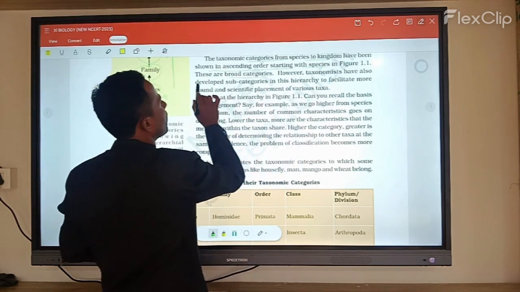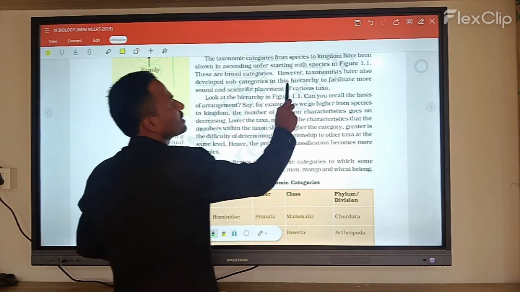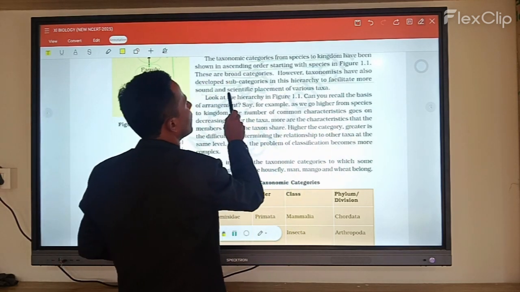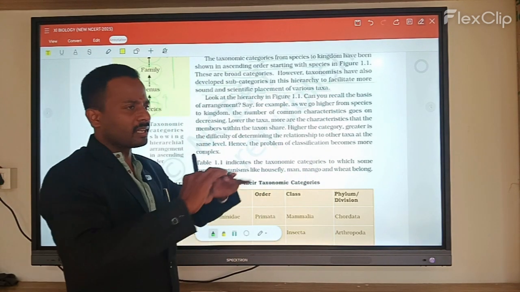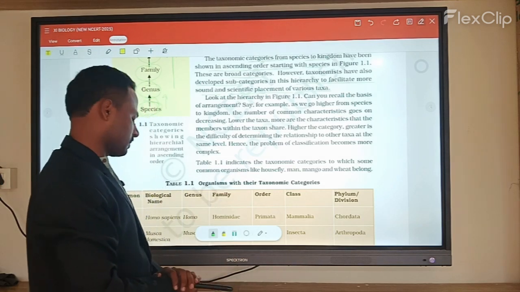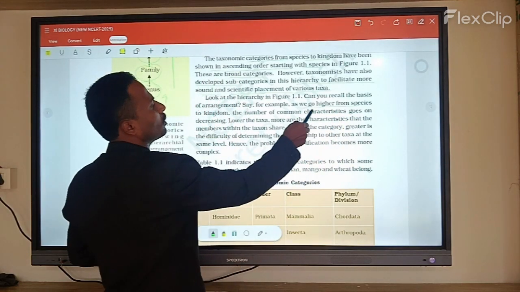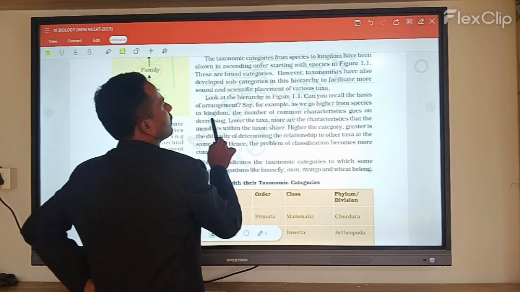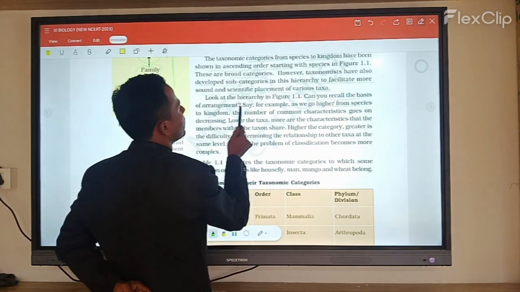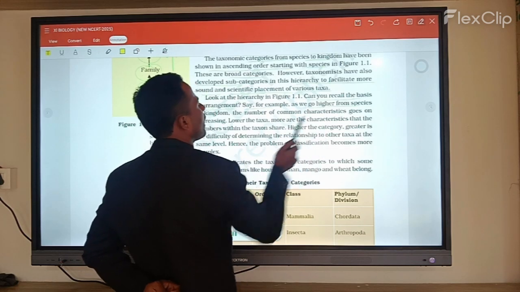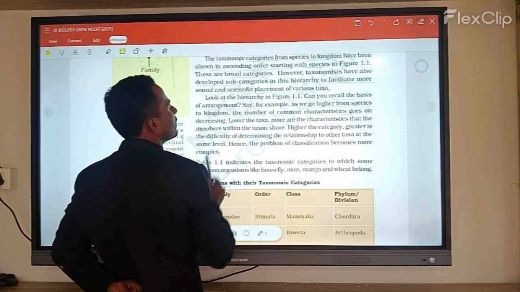However, taxonomists have also developed subcategories. So these are divided into subcategories. In this hierarchy, they facilitate more sound and scientific placement of various taxa. So based on different characters we separate the different taxa. Next, for example, as we go higher than the species, once you observe here, you recall the basis of the arrangement. As we go higher from species to kingdom, the number of common characters goes on decreasing.